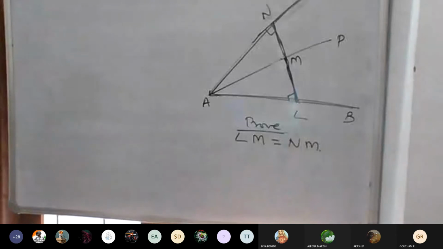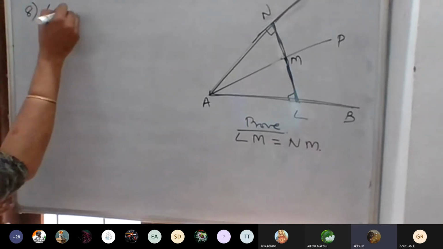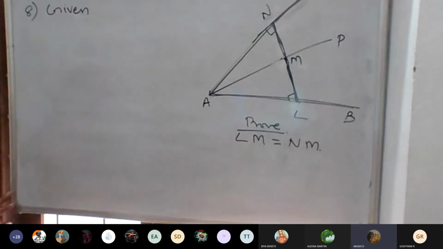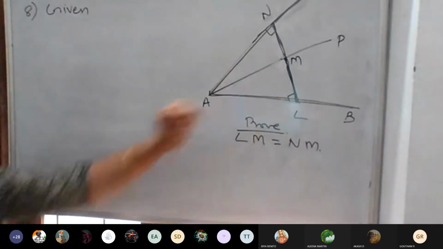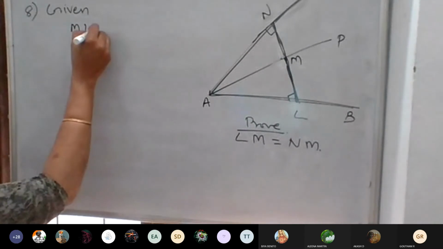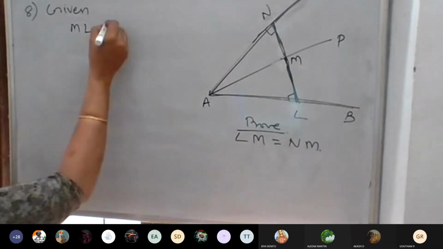So how can we start now? Given. Given: AP bisects angle BAC.